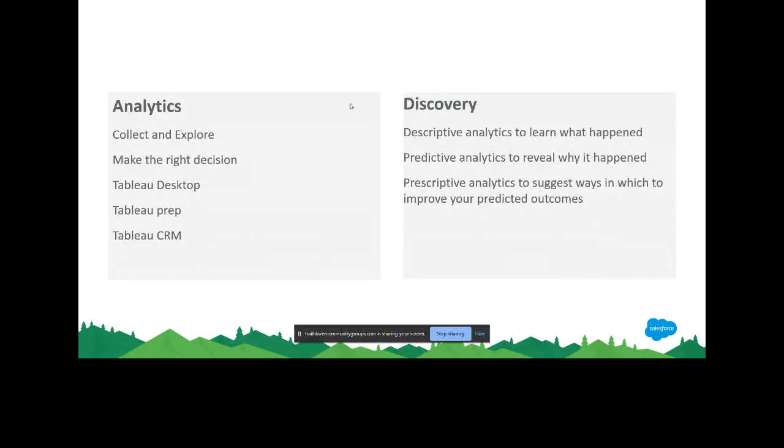As I mentioned earlier, Tableau is a separate product, so it has multiple sub products under its umbrella. We have Tableau Desktop, we have Tableau Prep, and then there is a separate product called Tableau CRM. Earlier Einstein Analytics came directly under the umbrella of Customer 360, and it is still part of Customer 360.